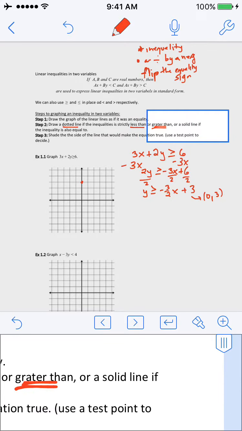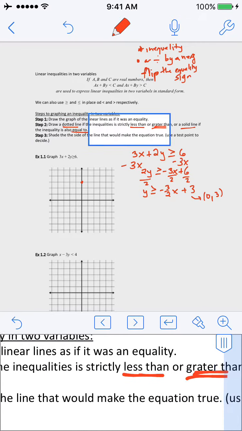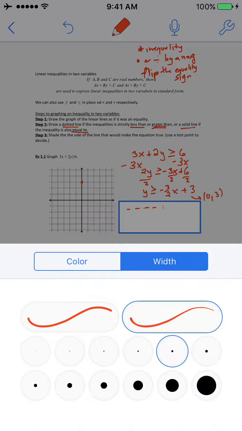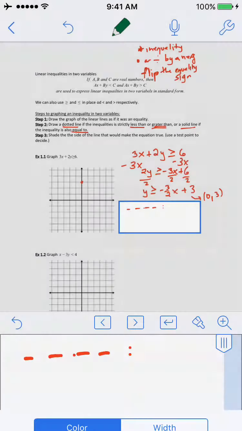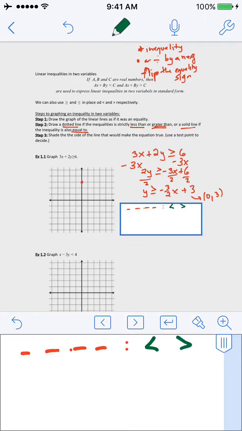A solid line is for less than or equal to and greater than or equal to. So we can write that again down here. Dotted line goes for less than or greater than. And then for less than or equal to, greater than or equal to, we would use a solid line. Okay, so that's always our indication.